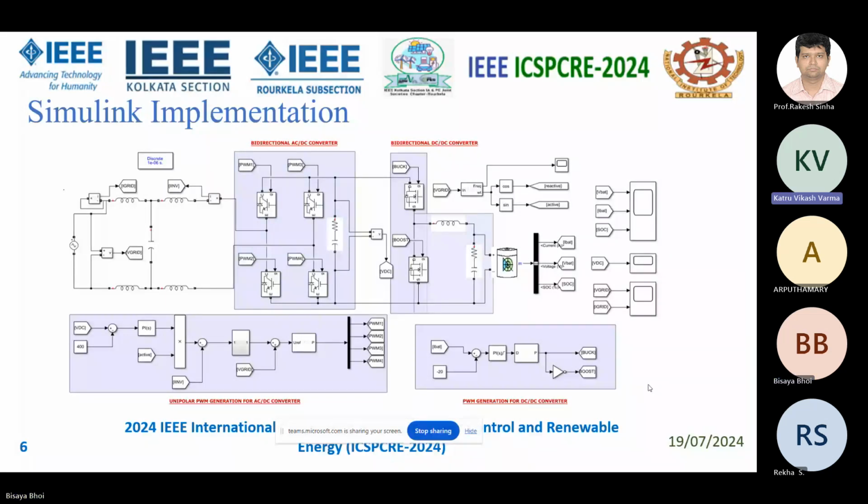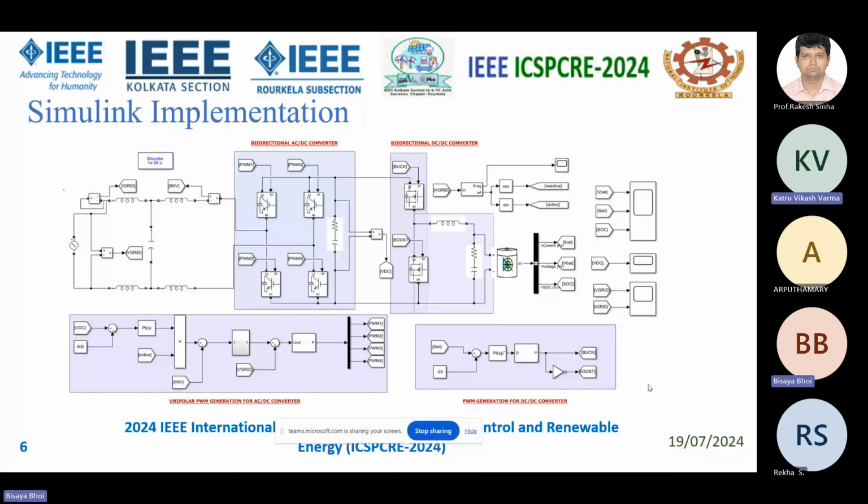Actually, the voltage of the battery will vary based on the SOC, right? Yes, sir. So at the DC link, how are you maintaining the constant voltage when your source voltage is varying? What control do you use?